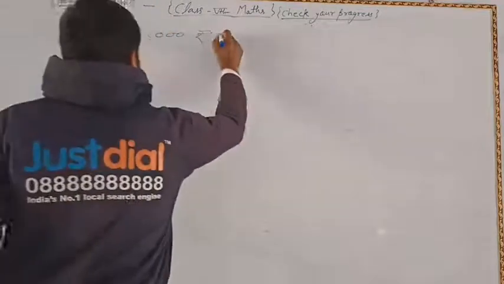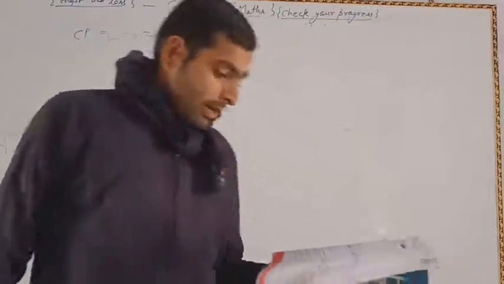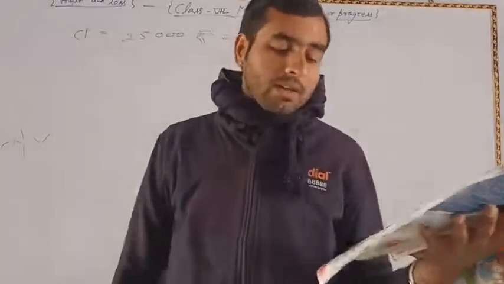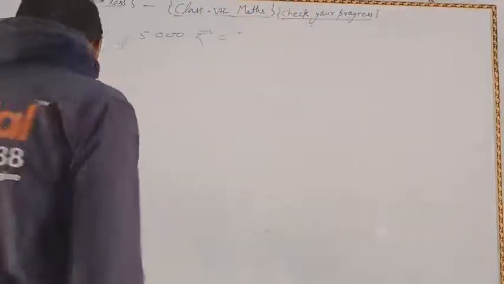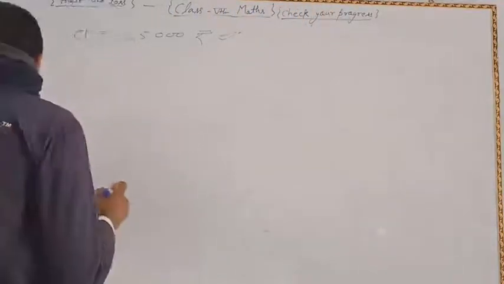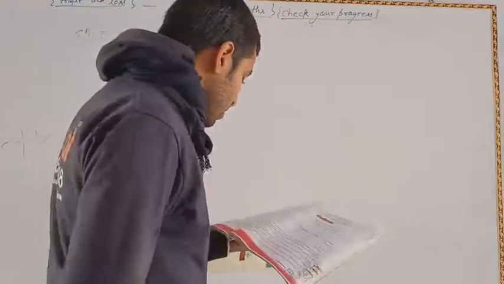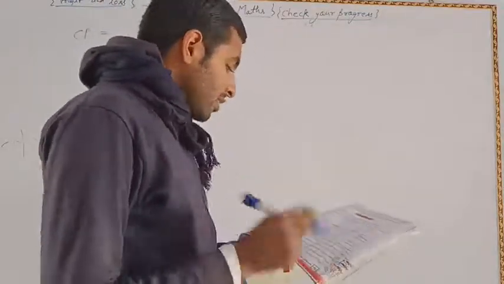Okay. Here you are given CP 25,000 rupees, and also Resma spent rupees 1,600 per month on the horse, and she sold this horse after 4 months for rupees 28,300.